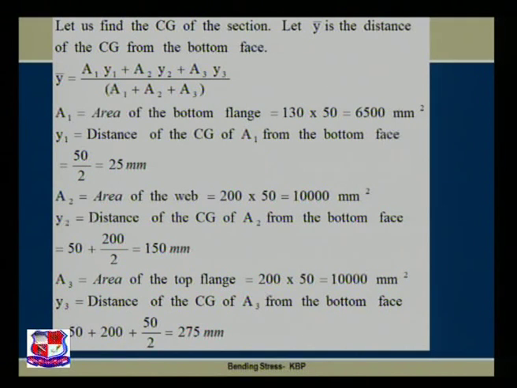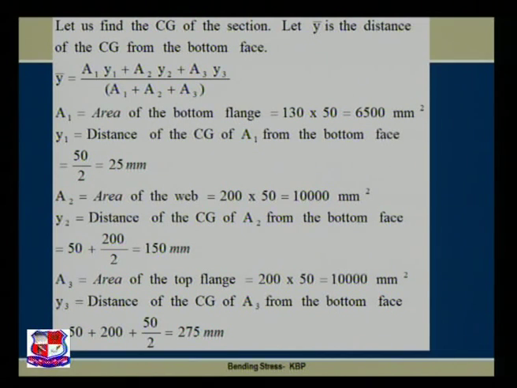So now let us find the CG of the section, and let y bar be the distance of the CG from the bottom face. Hence y bar is equal to a1 y1 plus a2 y2 plus a3 y3 divided by a1 plus a2 plus a3.